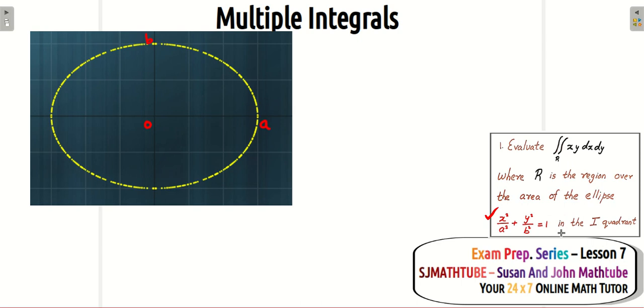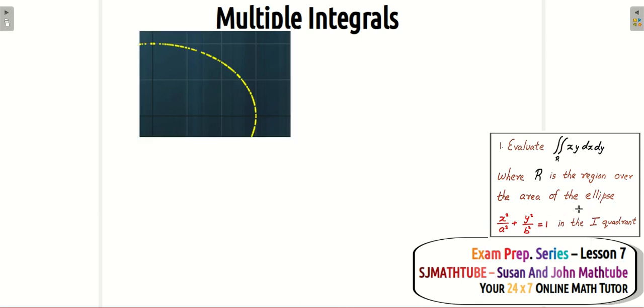The question should have mentioned a greater than b. Anyway, let's assume this is our ellipse. Now I'm not interested in the whole ellipse. I'm interested only in the first quadrant because it's given as the first quadrant. So let's cut it and make it the first quadrant.